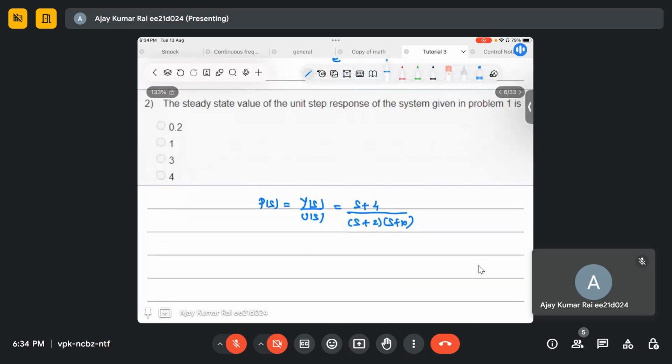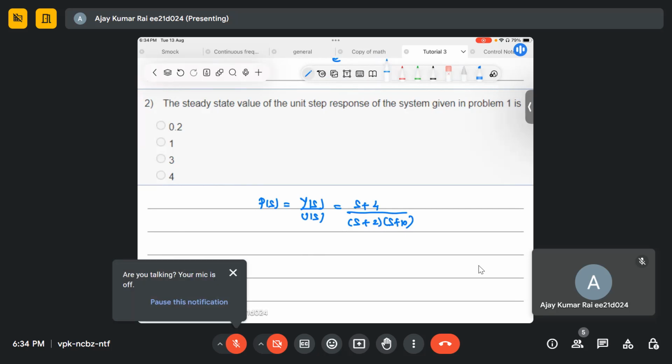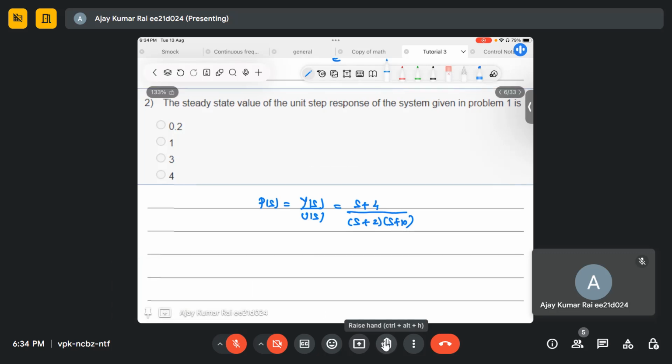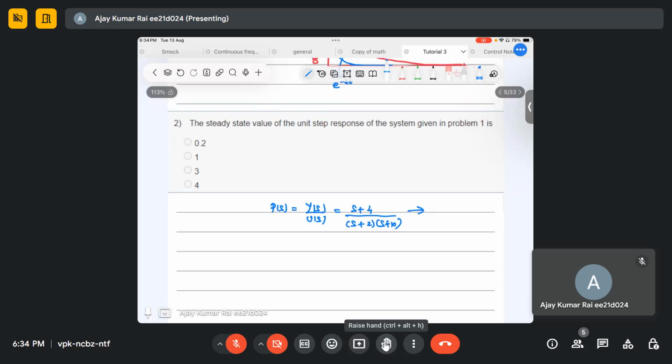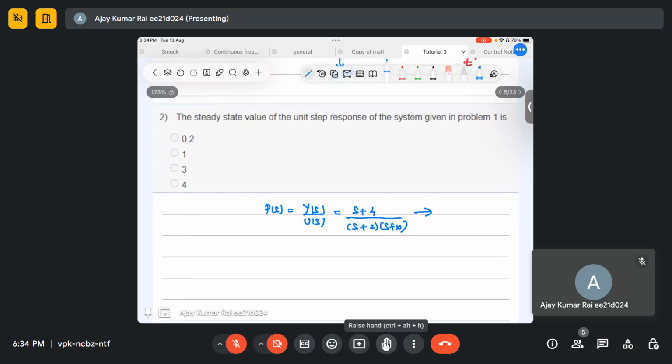Since both the poles lie in the left half plane, we can say this system is stable. For y of s, the input in the question is given as a unit step.